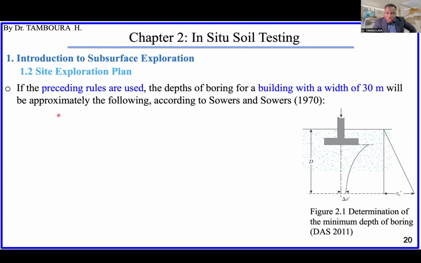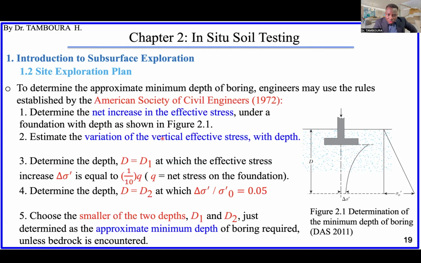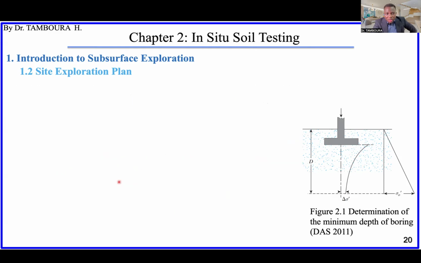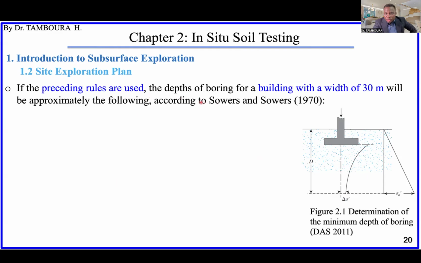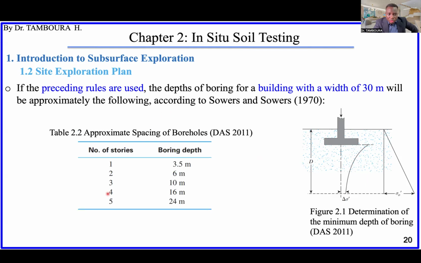So if you use the preceding rules, the depth of borings for a building with a width of 30 meters will be approximately the following. Okay.